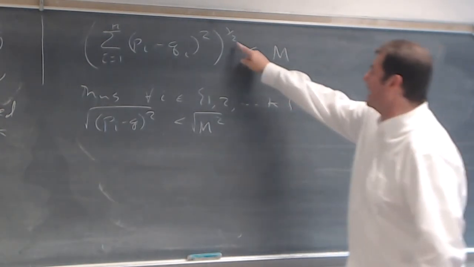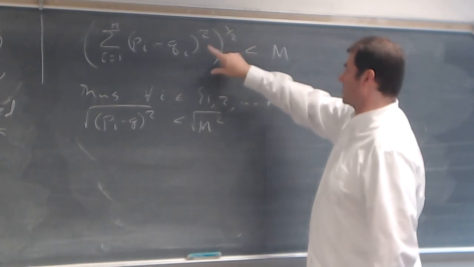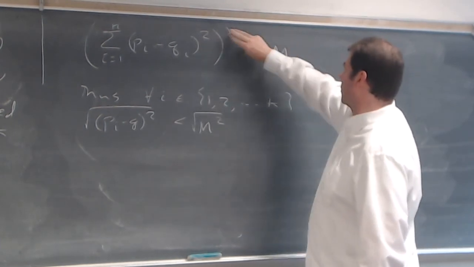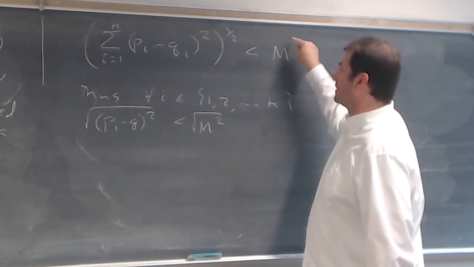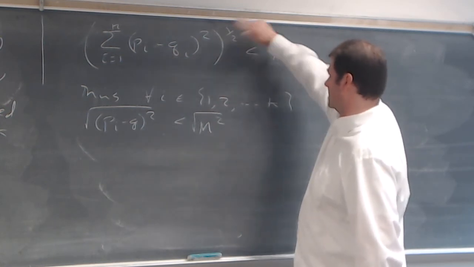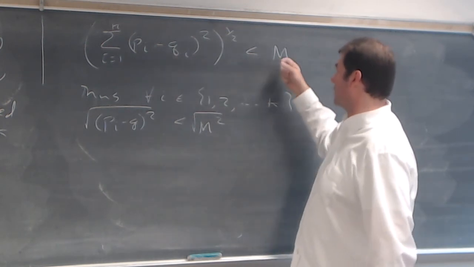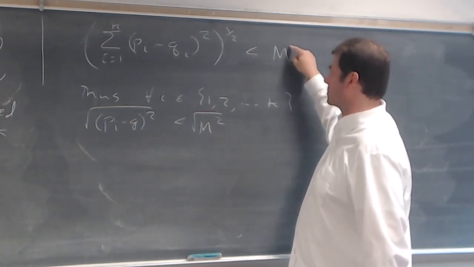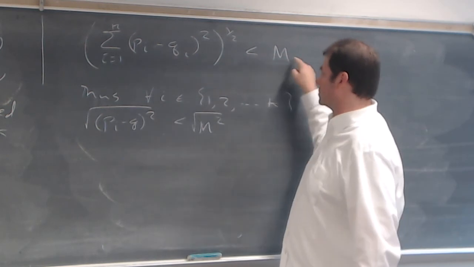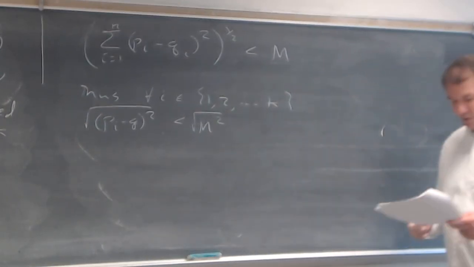So here, imagine taking this and squaring both sides, okay? So we would just have, without this 1/2 power, this squared. Now this sum is less than this guy squared. And so each individual part that we're adding up, since they're positive, has to be less than this guy squared. And so the square root of each one of them is going to be less than the square root of m squared, which is what I'm writing here.